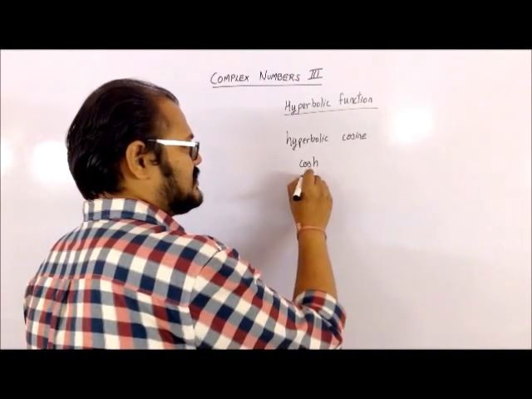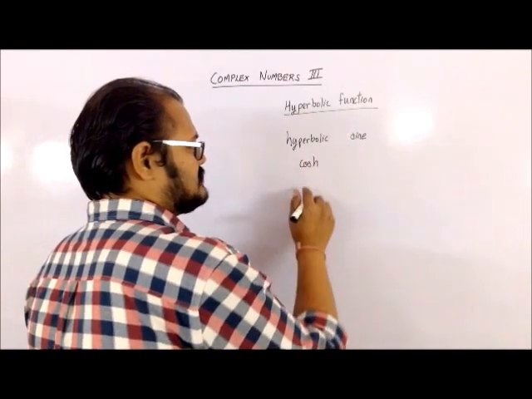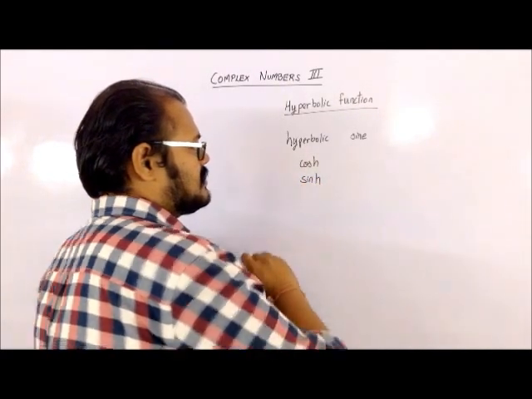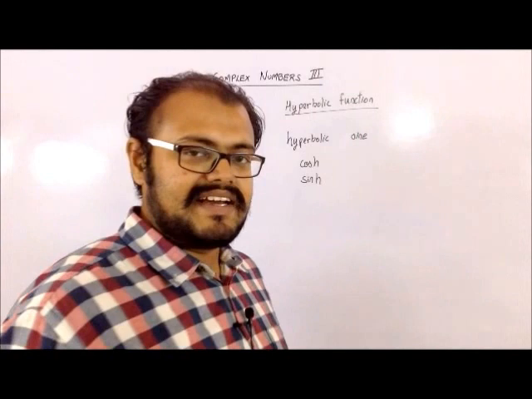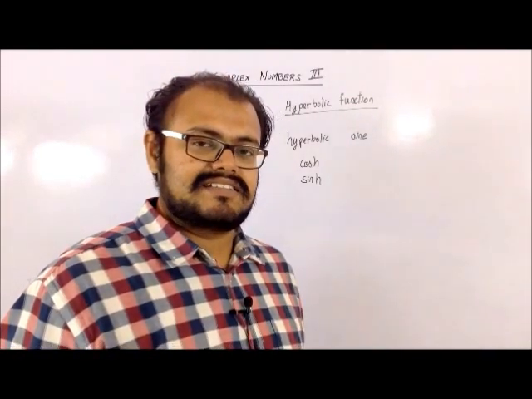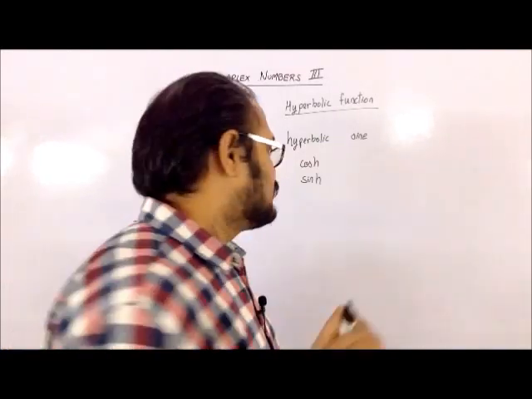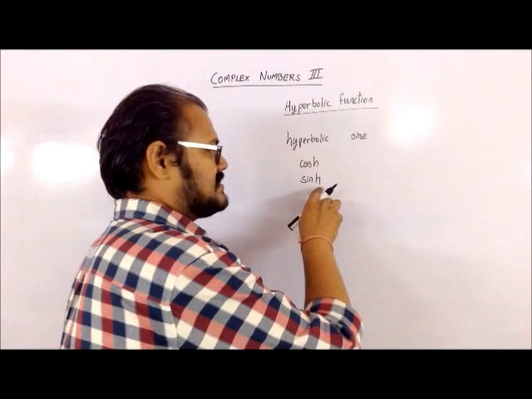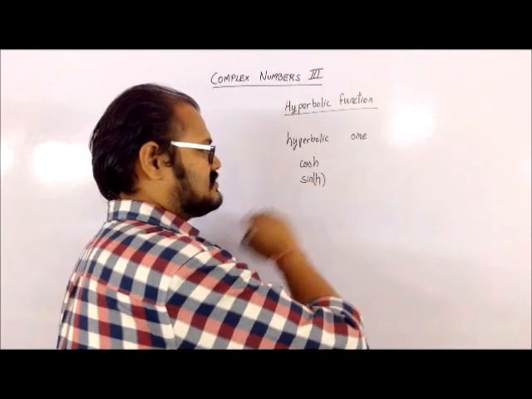And similarly, if it is hyperbolic sine, then it can be written as sine h. So these are the two main hyperbolic functions, which are cos h and sine h. Please keep in mind that the h is together with sine, it is not a theta of sine.